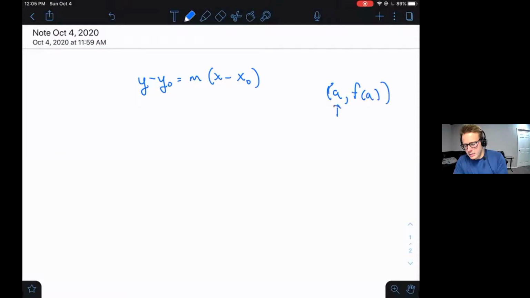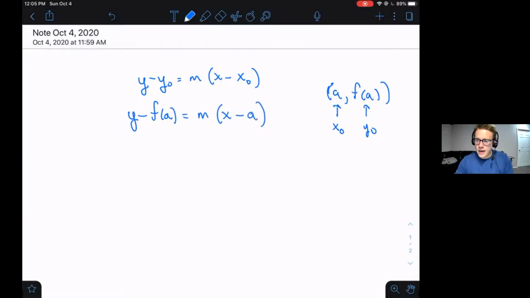Then this is your special x point, and this is your special y point. So you could plug those in, and you would get y minus f of a is equal to m times x minus a. And then if this is supposed to be the tangent line, the slope here is something special for the tangent line.